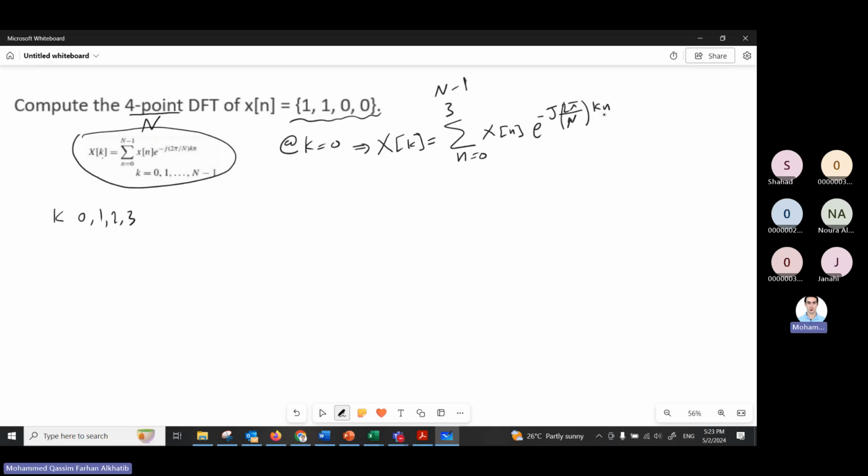Now k at the first case is 0, so this exponent is gone because this one equals 0. So my summation will become n equals 0 to 3 of x of n. So basically it's the summation of all elements of x of n. That's going to be simply 2. Is it clear what I did here?